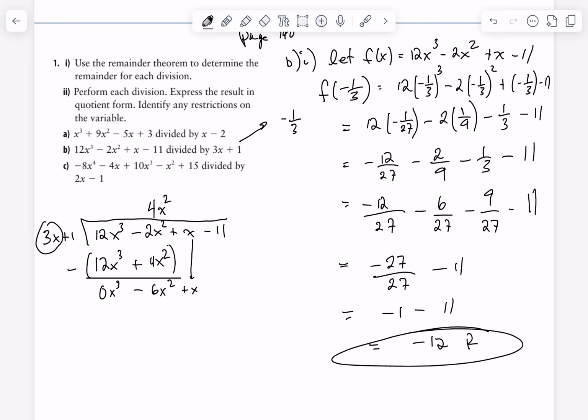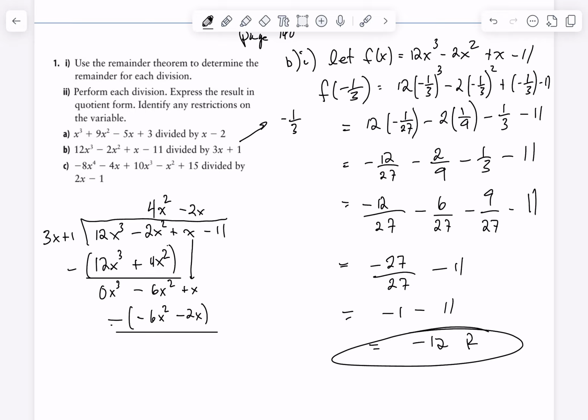So how many times does 3x fit into negative 6x squared? That's going to be negative 2x. And so you take negative 2x and redistribute it on top of the binomial. So you get minus negative 6x squared minus 2x. Do the subtraction.